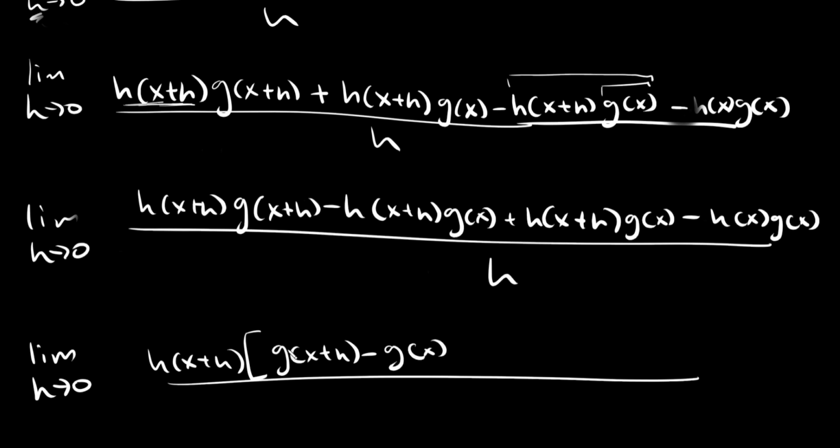So I can get g of x plus h minus g of x. When I factorize h of x plus h, I'm going to have a plus factor. Let me just remove that. I factorize my g of x, and what is left beside it is h of x plus h minus h of x.